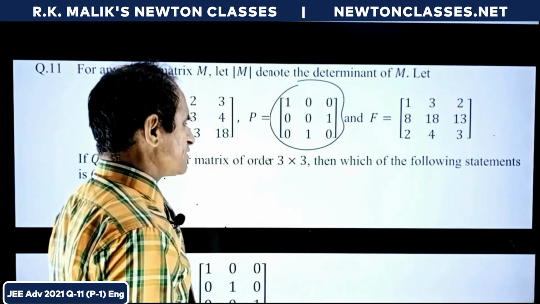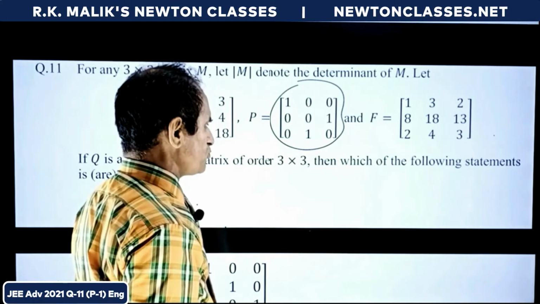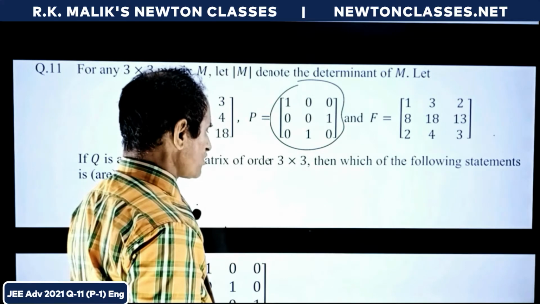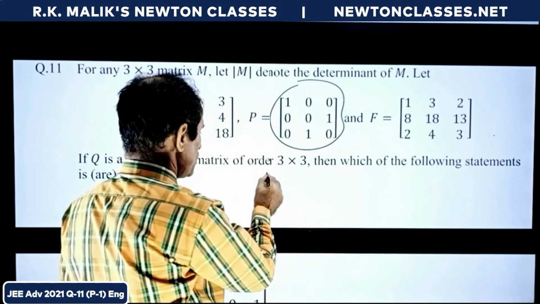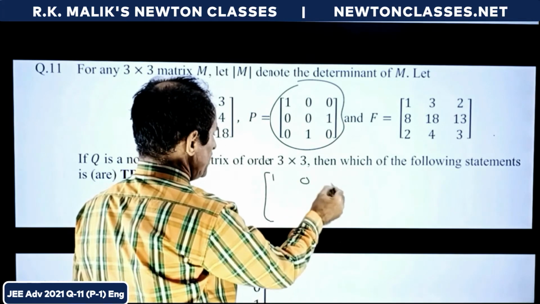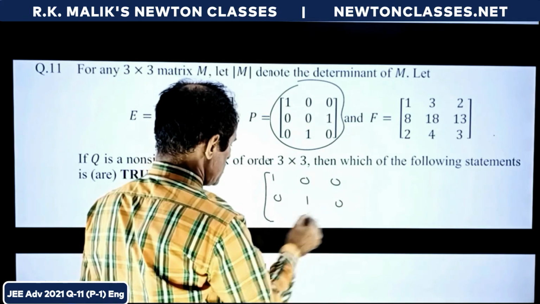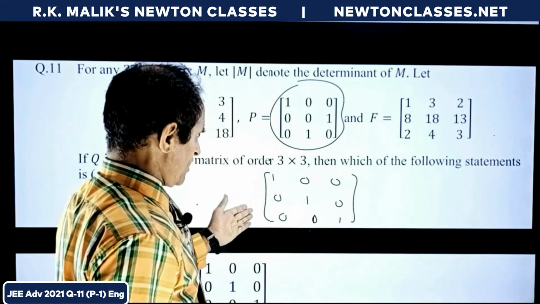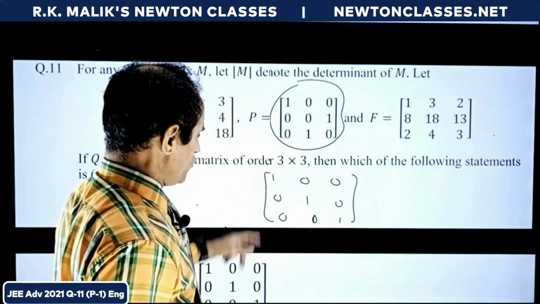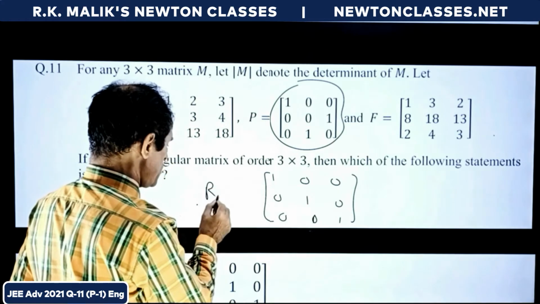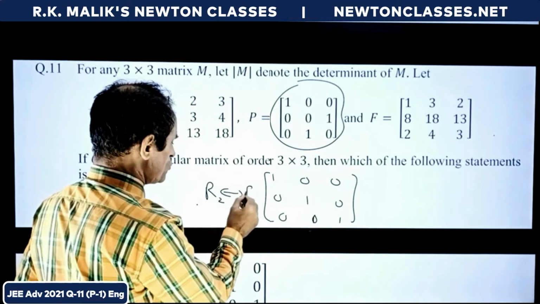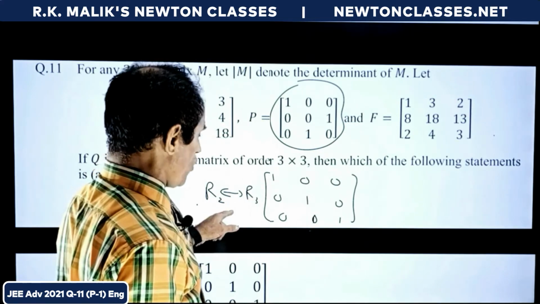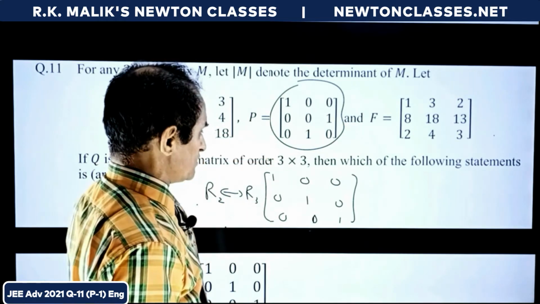And such a matrix can be easily seen to be obtained by applying some row transformation on an identity matrix. It is clear to see that if you use the operation of R2 changes to R3, by using this operation on this matrix, we will get this matrix.